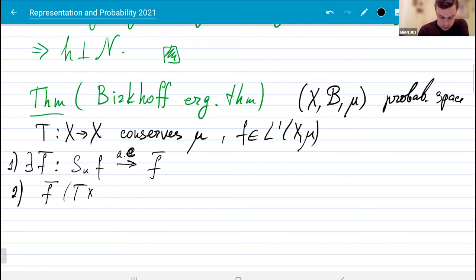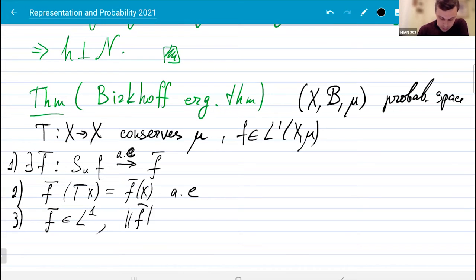This means that f bar of Tx equals f bar of x, again, almost everywhere. The third is that for a function in L1, the resulting function is also in L1, and the norm of this function is not more than the norm of the original function.